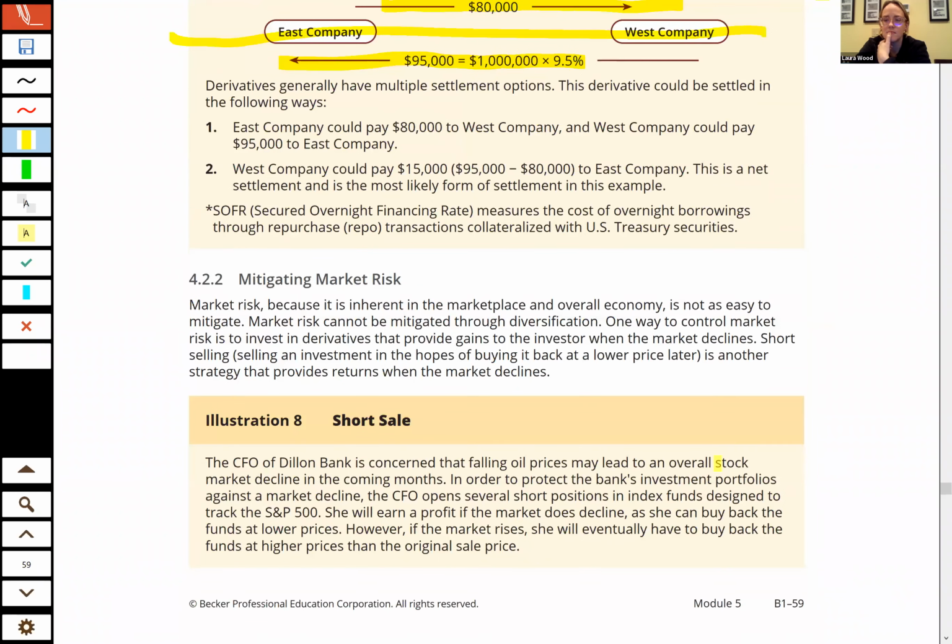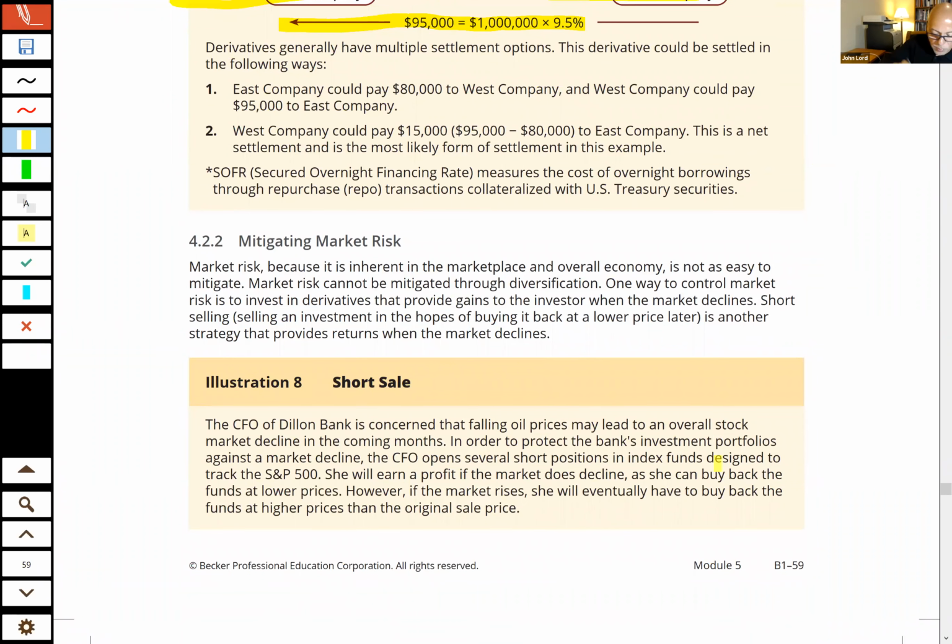Okay, good. Taking a look at how we might mitigate market risk now, and market risk cannot be mitigated through diversification. One way to control market risk is to invest in derivatives that provide gains to the investor when the market declines.